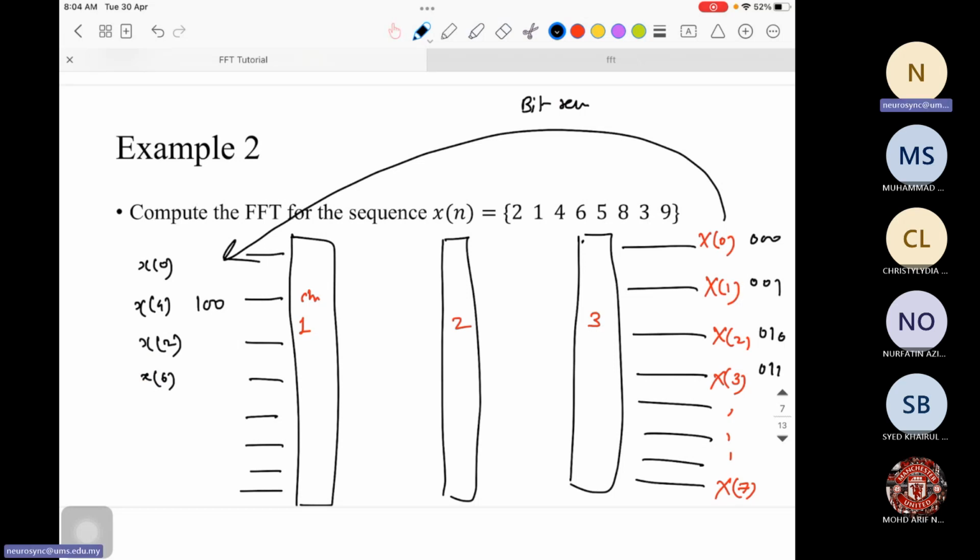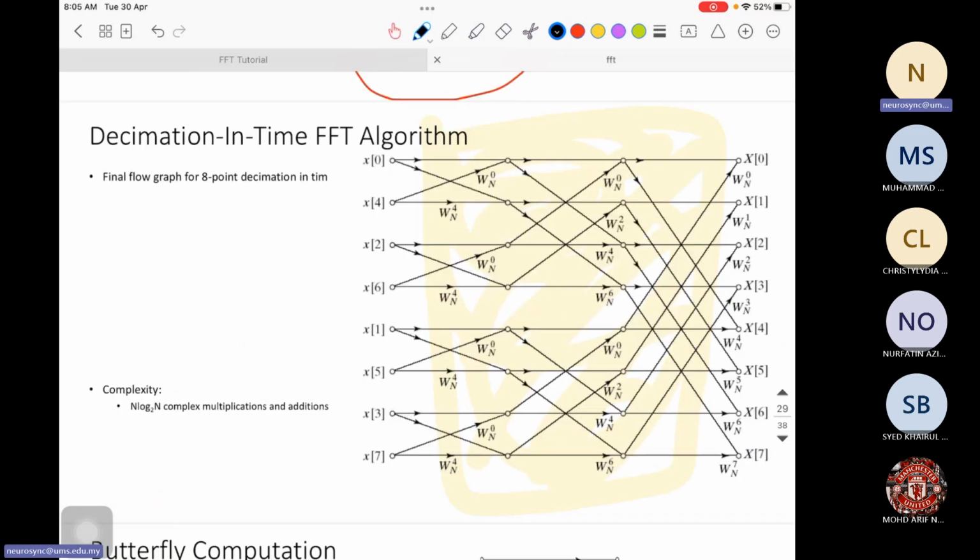Similarly, X of 1, X of 5, X of 3, X of 7 is the input sequence required. So this is given in this flow chart: 0, 4, 2, 6, 1, 5, 3, 7. This is how we have calculated using bit reversal. Now we will compute the stage 1.